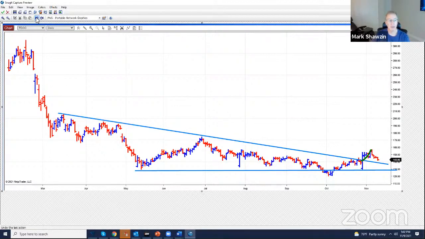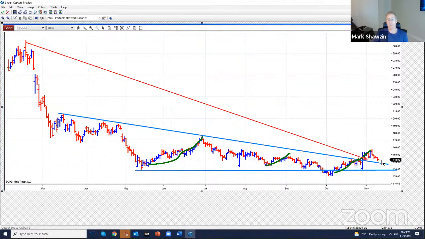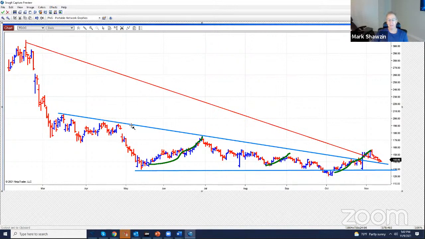And so you've got to keep an eye on what is the major trend in this pair, even though the market sometimes goes in these waves where the market goes higher, but you've got to be aware that this is a major downtrend.